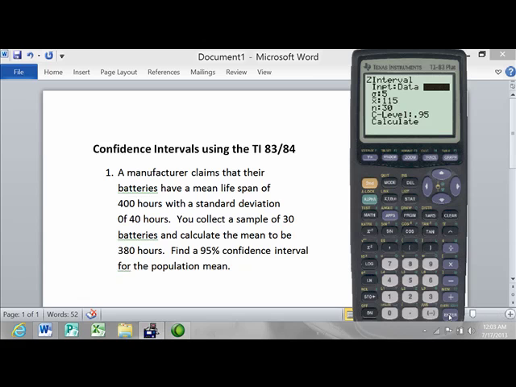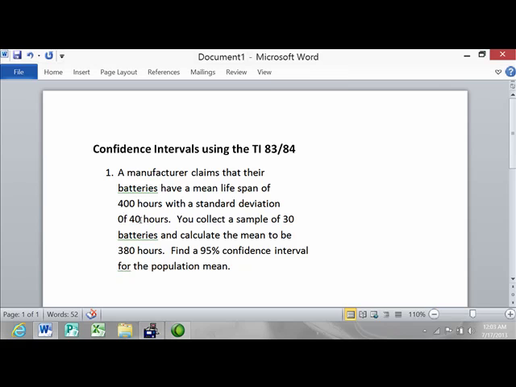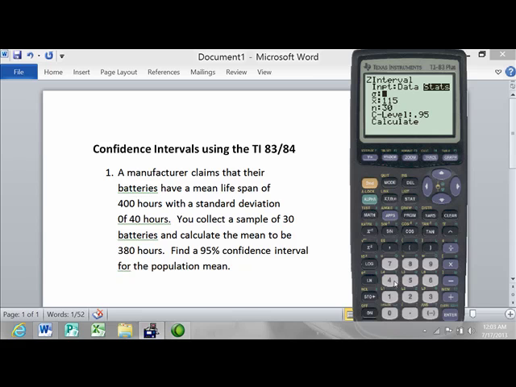So we click enter, and there are two things here. You have data if you had a list of data, but we have statistics, we have some numbers. So we click enter on stats, scroll down to the standard deviation. The standard deviation is given in our problem as 40. That's the population standard deviation.